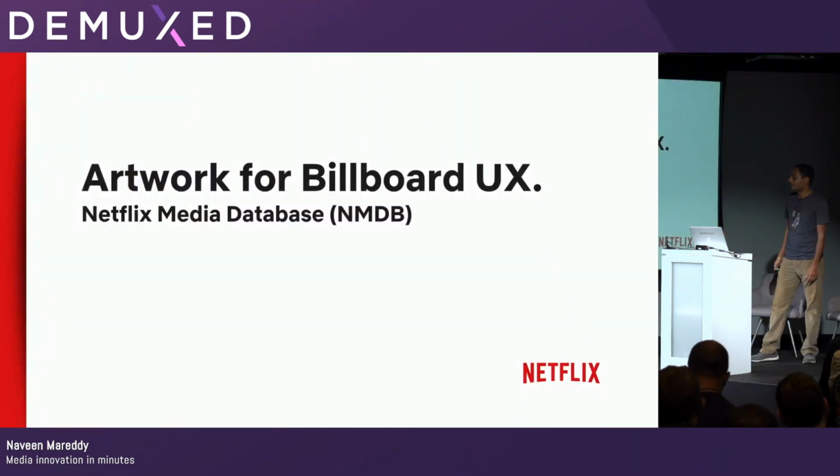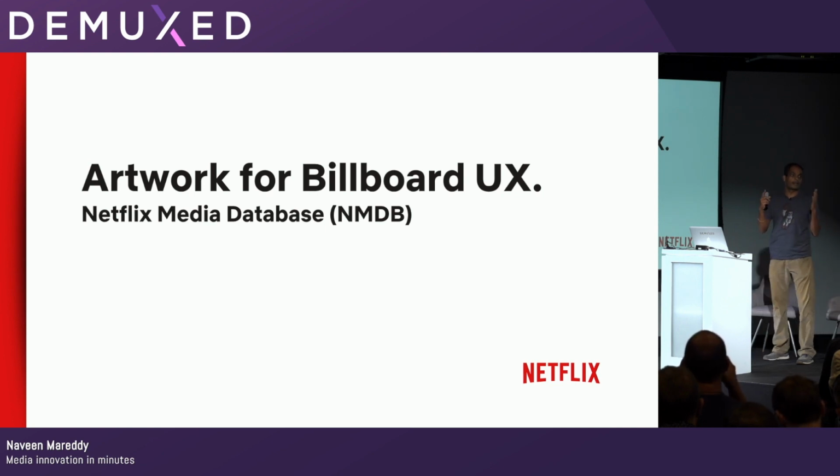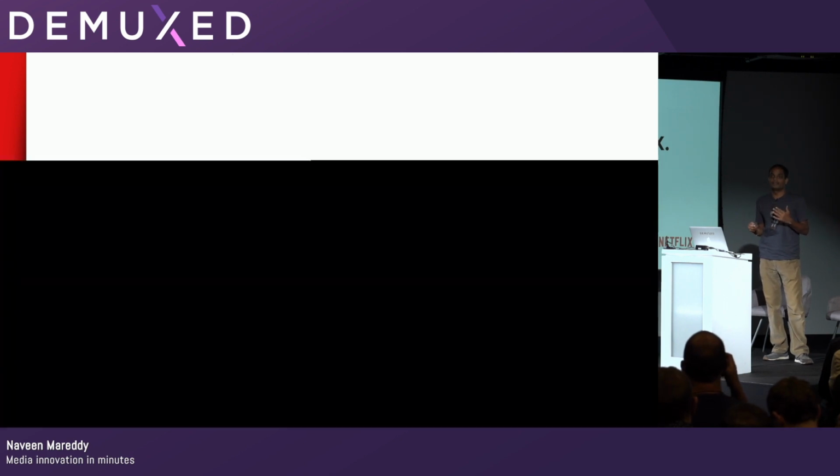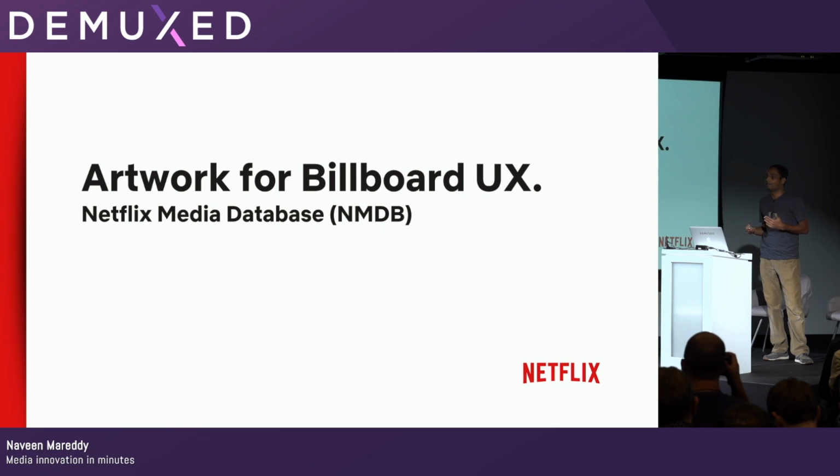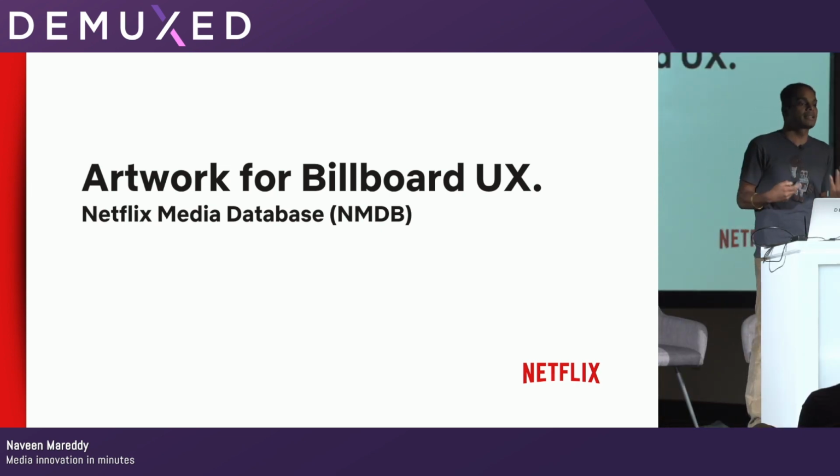The first one is the artwork for the Billboard user experience. This is the main page that you land on in the Netflix product. The artwork needed for that experience is to pick the best images, which have high dynamic range and also the right positioning so that we can place text and all that properly.